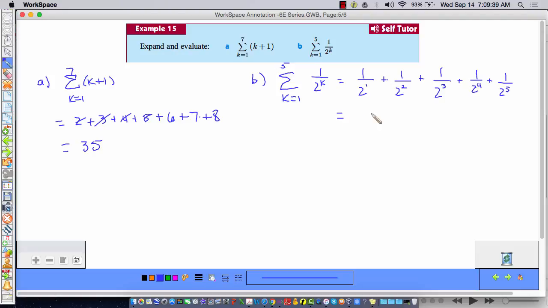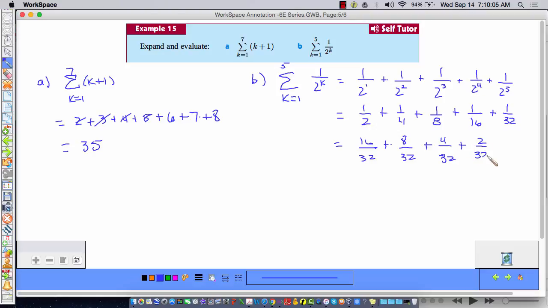And that's equal to 1/2 plus 1/4 plus 1/8 plus 1/16 plus 1/32. So our common denominator is going to be 32. So that's 16 over 32 plus 8 over 32 plus 4 over 32 plus 2 over 32 plus 1 over 32, which turns out to be 31 over 32.